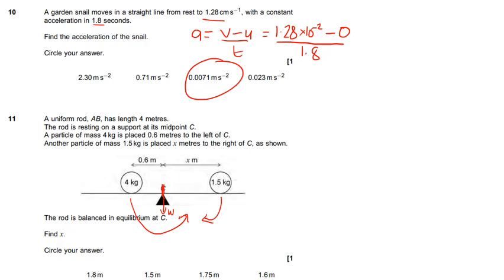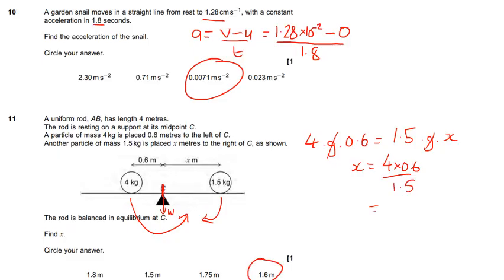So balance the moments. We've got 4 times g times 0.6 is equal to 1.5 times g times x. So x is equal to, cancel the g's out, 4 times 0.6 over 1.5. That gives an answer of 1.6.